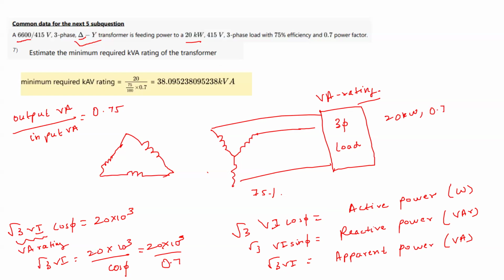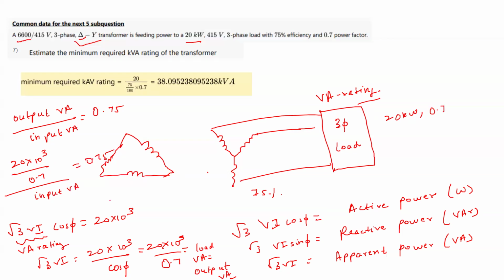So this is the load VA or the output VA, because at the output of the transformer we have the load. So this is the same as the output VA rating. Okay, so this output VA is 20 by 0.7, divided by the input VA, which is 0.75.